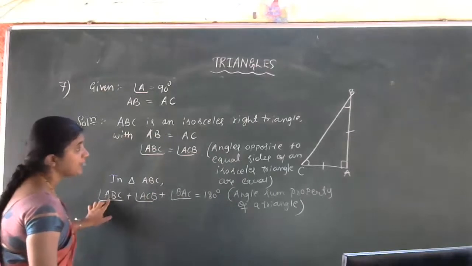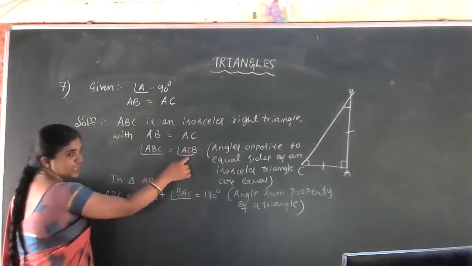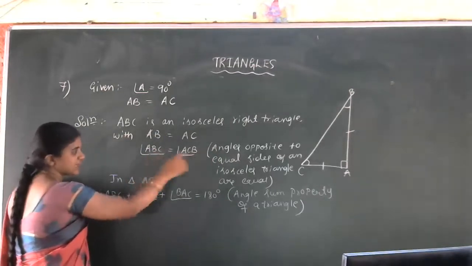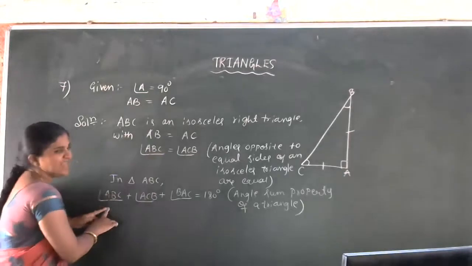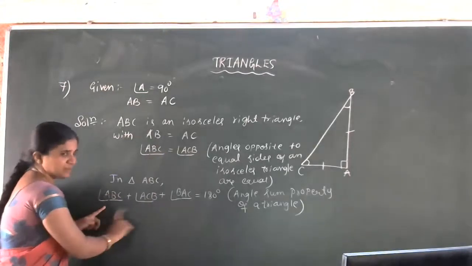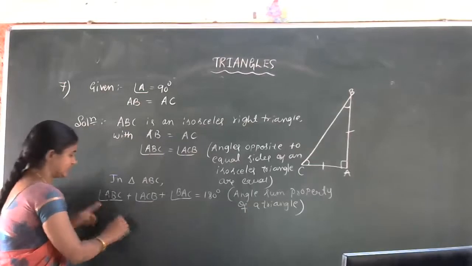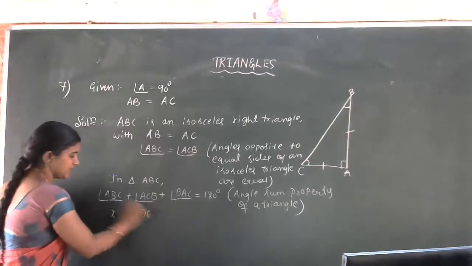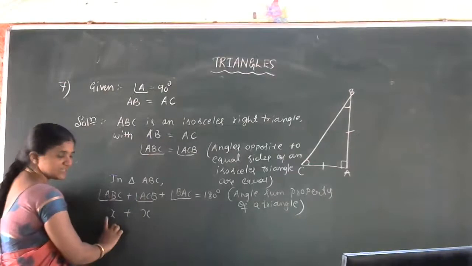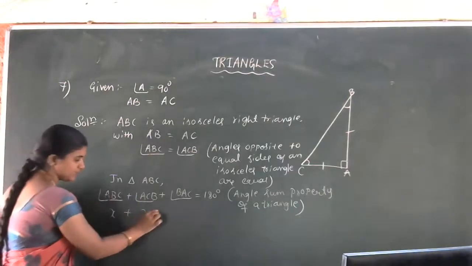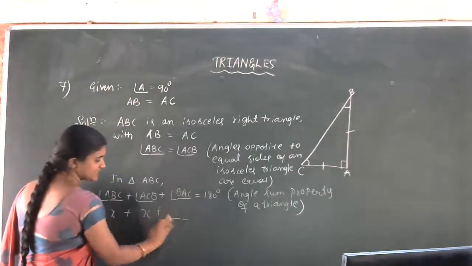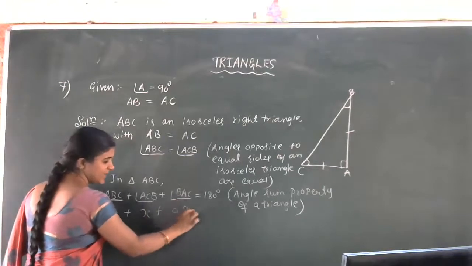All the three sides are equal. To prove, what we have to prove here? Each angle of this equilateral triangle is equal to 60 degrees. That means angle A is equal to angle B is equal to angle C, that is equal to 60 degrees.